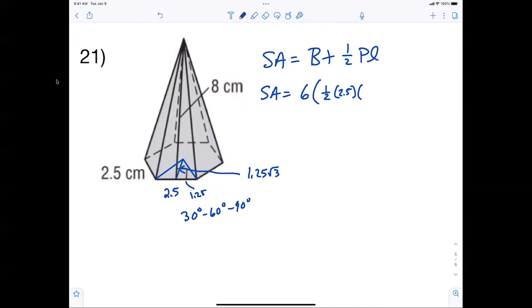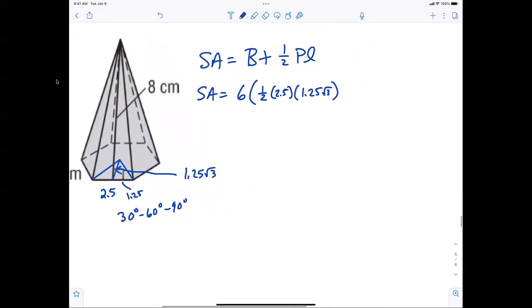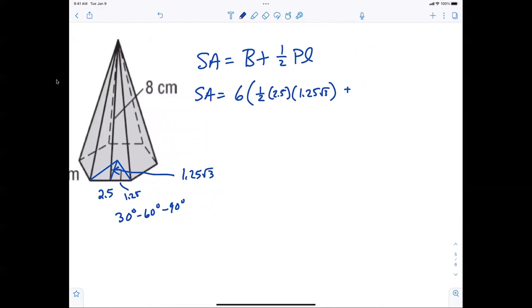All right, hopefully. So let's go ahead and put down 1.25 radical 3. If you want to put 5/4, I'm totally okay with that. Plus 1/2. What's the perimeter of the base? 15. And the slant height must be what? They don't even have to tell us that though. We could have figured that out, but that's okay. 8. Let's go with 8.